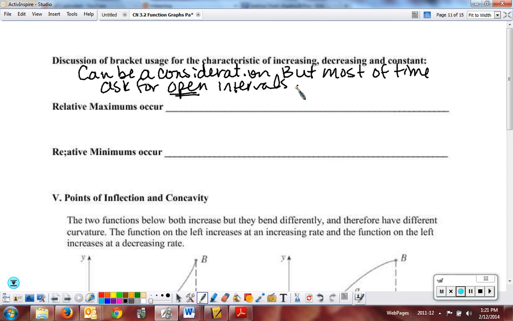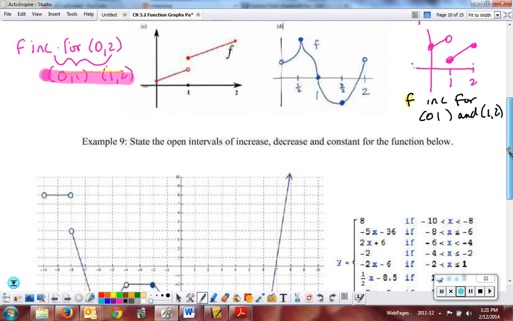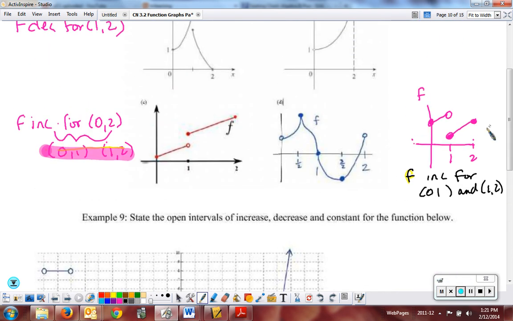Brackets used, I'm leaving it as a possibility because you might leave my class and go to somebody else, and they may choose to say, I would like you to know when you should include or not include based on the behavior of the graph. Just as an example, if we look back at the one that we just did, if I was doing brackets, like here, this is where you put it together.